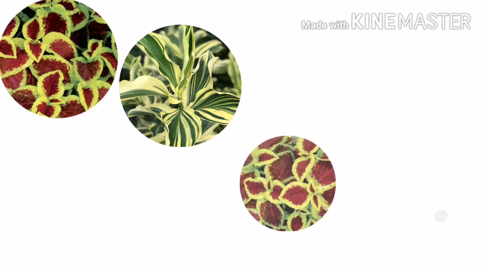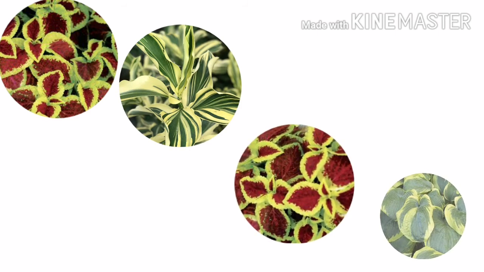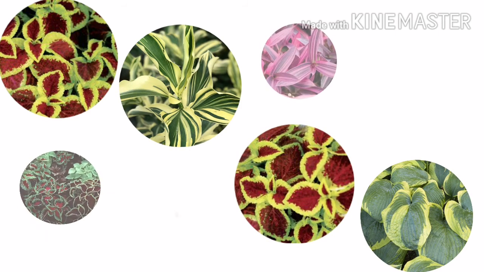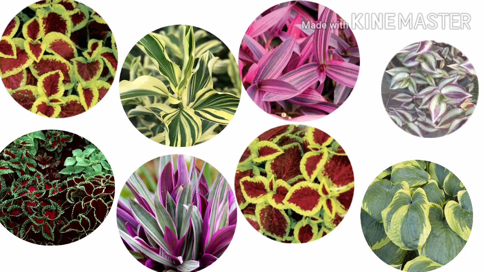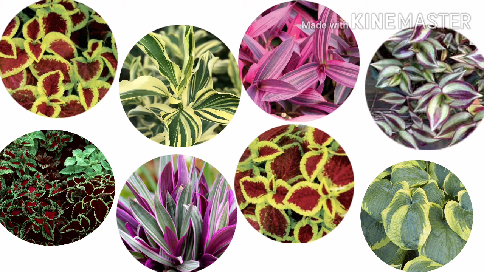Dear students, we have seen certain leaves which are not green in color. Does this mean that they do not prepare food through photosynthesis? Or does it mean that chlorophyll pigment is not always green in color? So, dear students, it is not necessary that leaves containing chlorophyll will always be green in color.